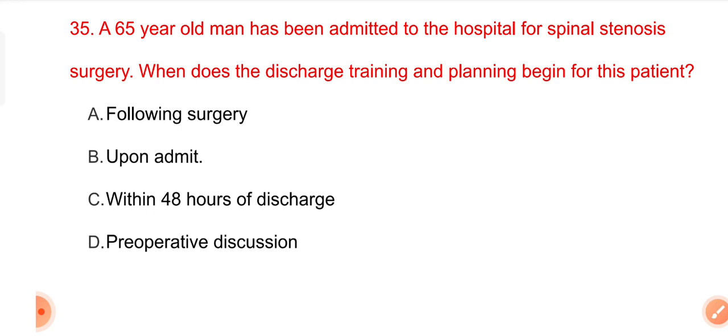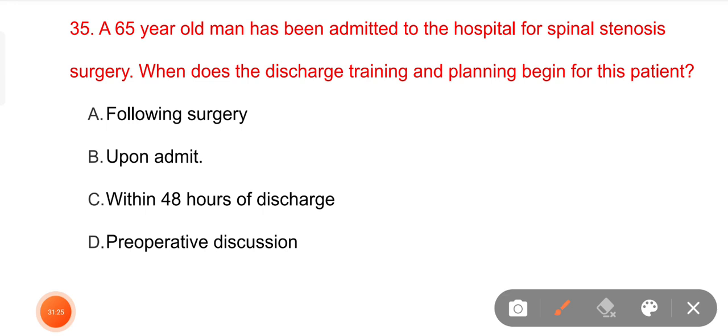The options are: option A, following surgery; option B, upon admit; option C, within 48 hours of discharge; option D, preoperative discussion. The right option is upon admit. When the patient is admitted, at that time the doctor or medical advisor has to explain about the discharge training and planning.